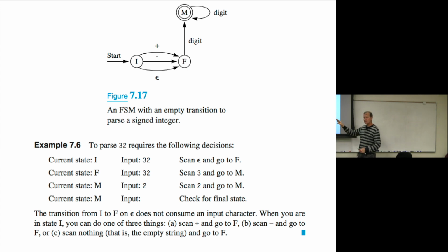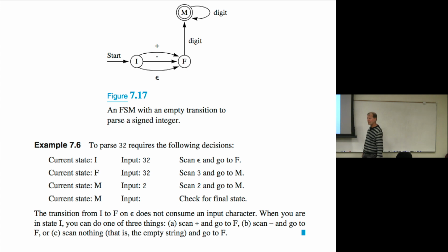The empty transition says you can go to the next state and not scan. Do you see how that works? Do you see how this finite state machine will recognize 32? It will start here, make the empty transition here, not scan anything, and then scan the 3 here and the 2 here. On the other hand, if it's hyphen 3, 2, then it will be hyphen and then 3 and then 2.